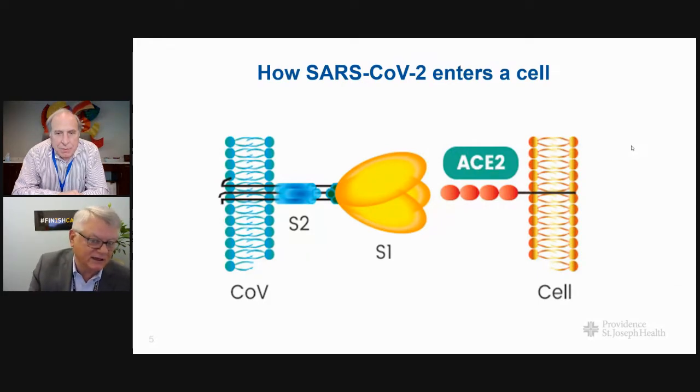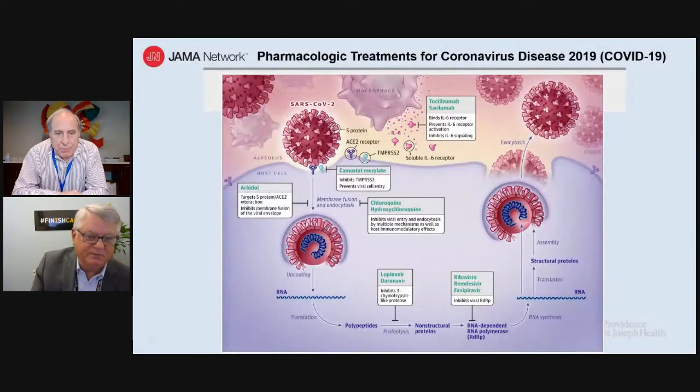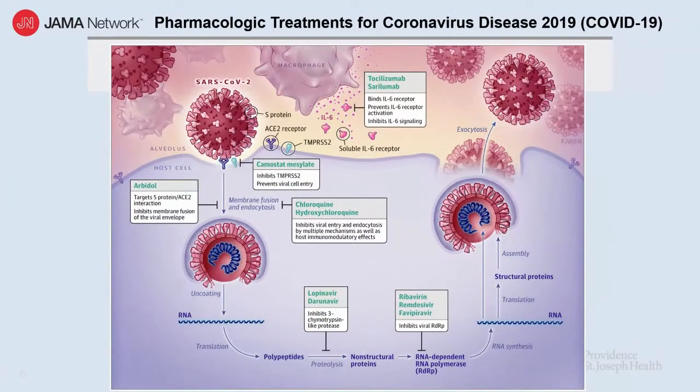And in the next slide, it shows how the virus replicates. It's a little complicated, but you can see in the top left the virus coming into contact with the cell. It meets that ACE2 receptor, and there's another protein there, TMPRSS2, which is required to split the spike protein, but that allows the virus to enter, fuse with the membrane, and get into the cell. It releases its genetic material called RNA.